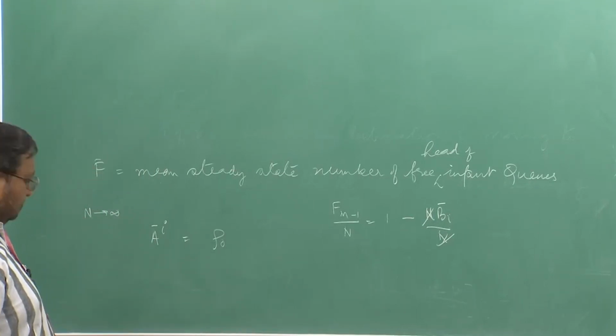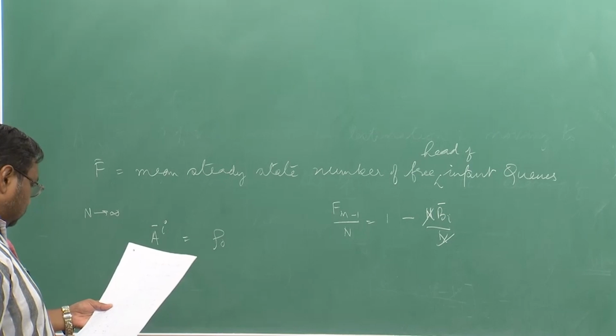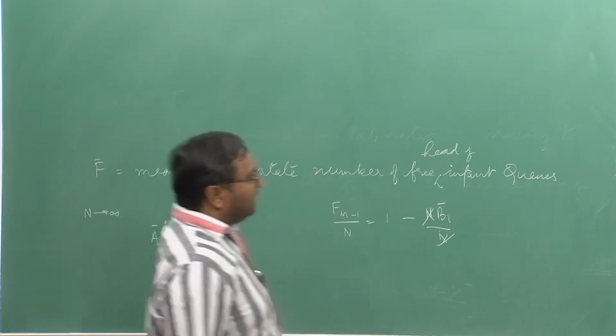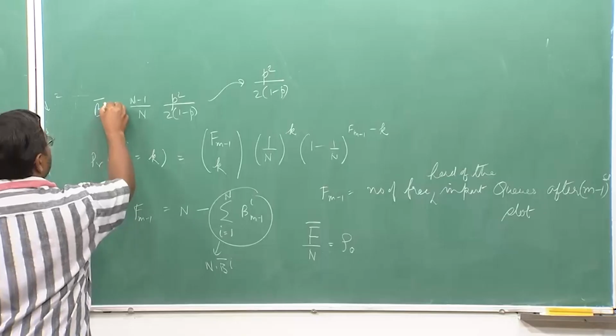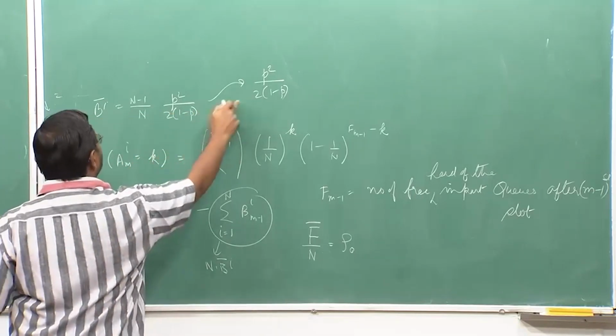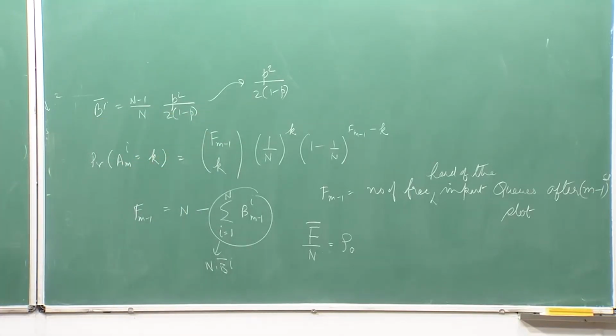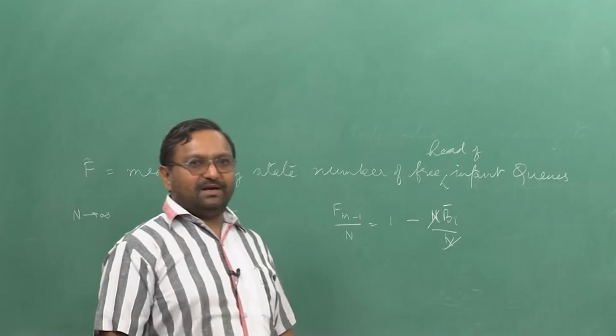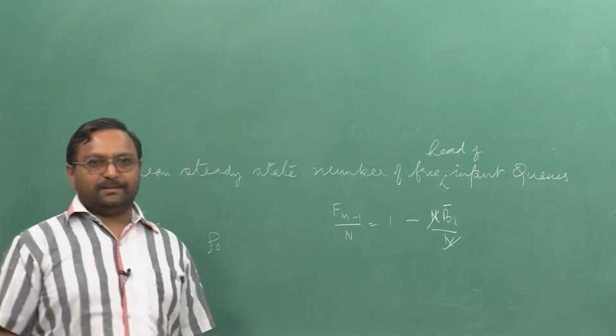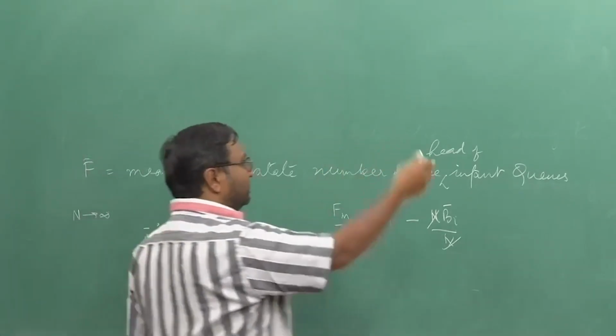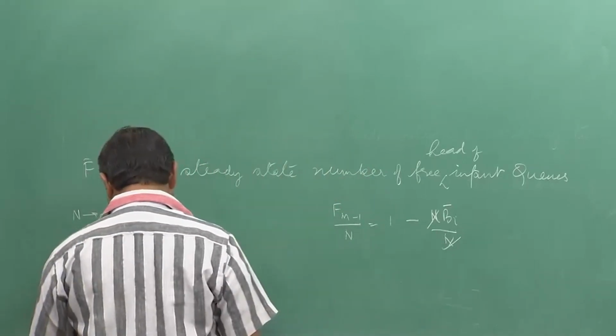And we have already figured out that my B i bar is this value in the limit when n goes to infinity, where P is technically the utilization of the line. So that P I can replace by rho naught. So I can write down the expression.